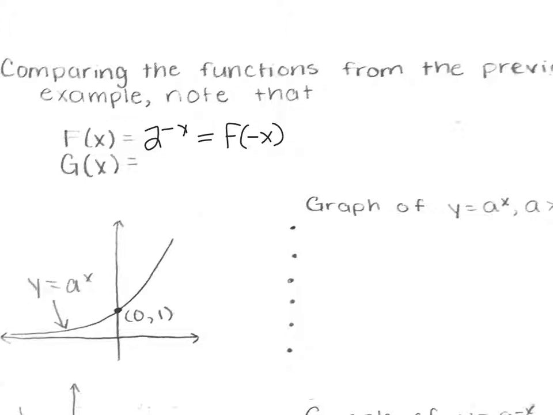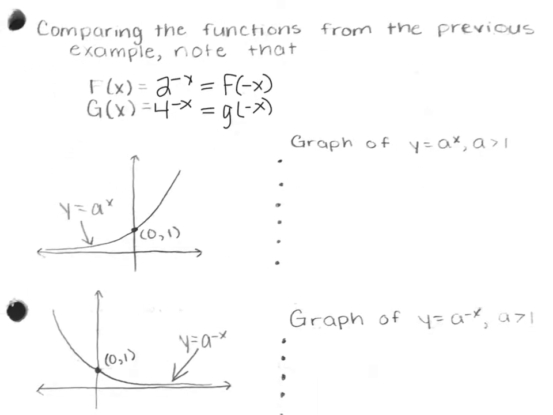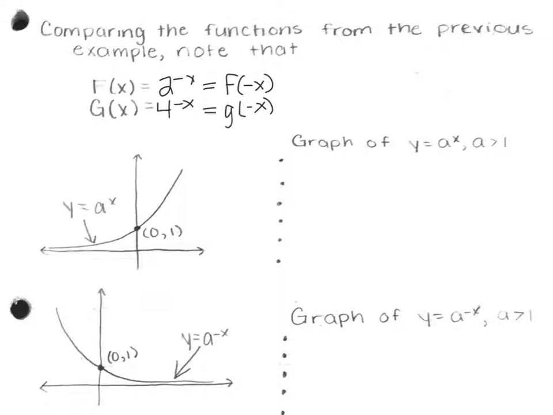And similarly, capital G of x was 4 to the negative x, which was the same thing as g of negative x. So we'll talk about what all of this means. These are reflections over the y-axis. We've talked about, with parabolas, how they flip over the x-axis and turn upside down, and those are reflections over the x-axis. But when they just switch directions, we have reflections over the y-axis.